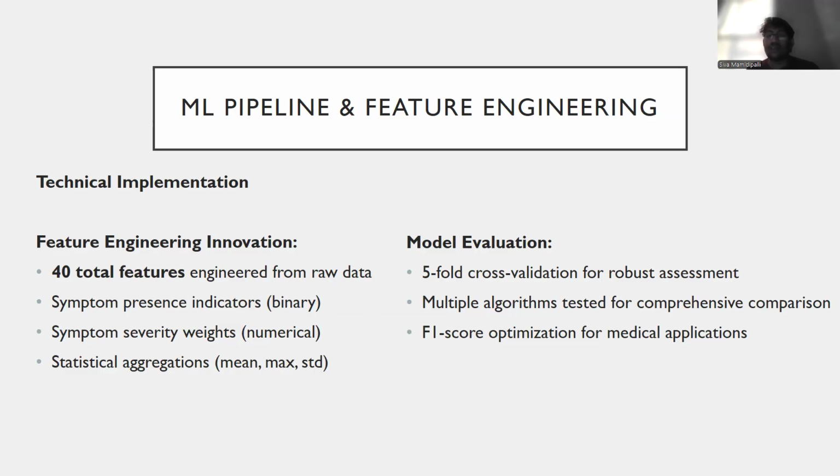As we talked about before, we considered different algorithms to test on this model. Here we use five-fold cross-validation, which gives proper results, and we consider the F1 score as the result for our models.